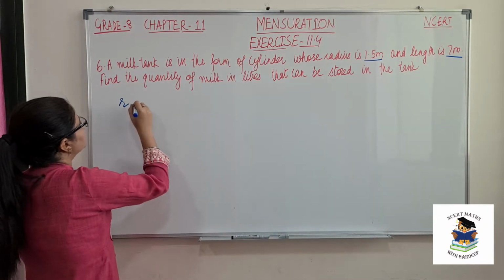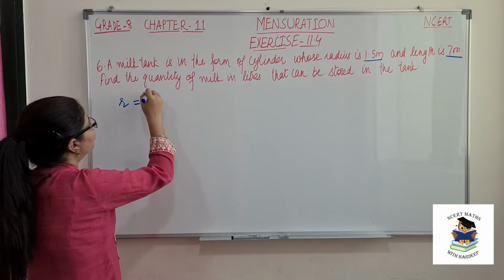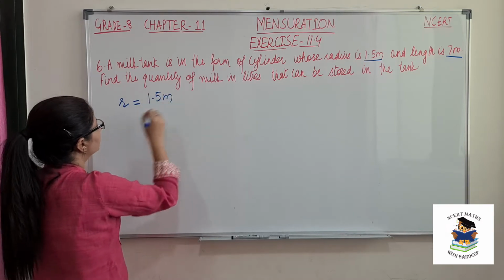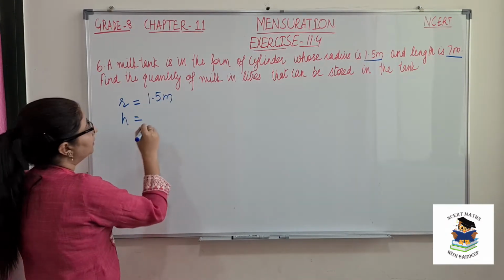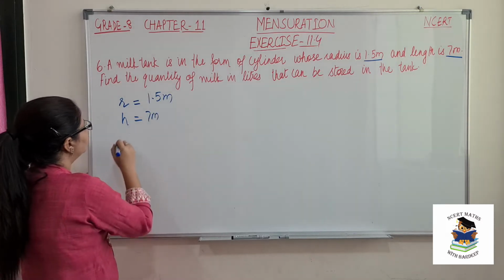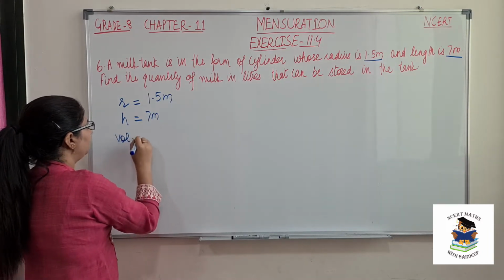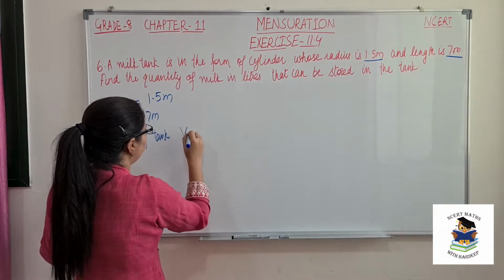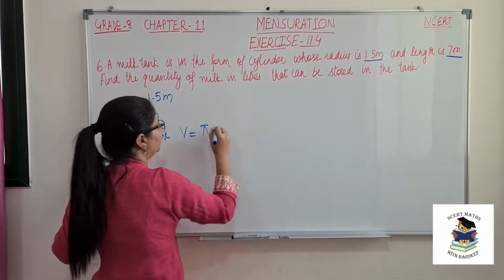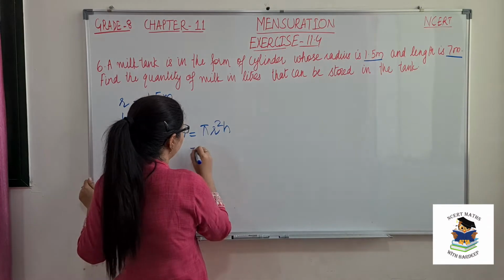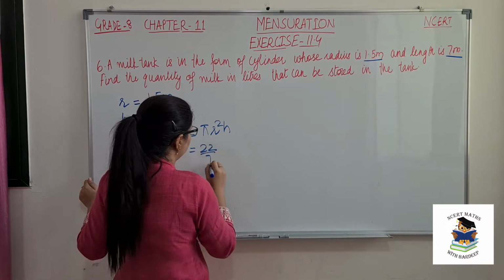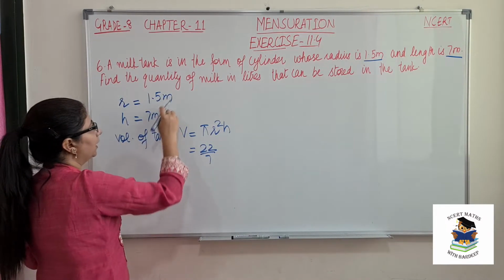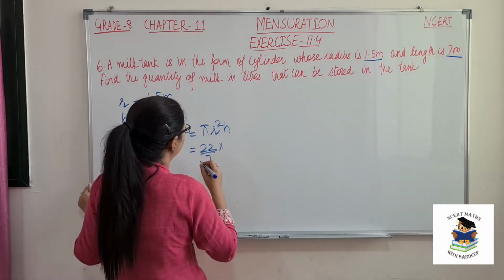So radius is equal to 1.5 meters. What is height? This is 7 meter. So we should find volume of tank V. This is pi r square h. Pi is 22 by 7. Both are in meters, so no need of any conversion.